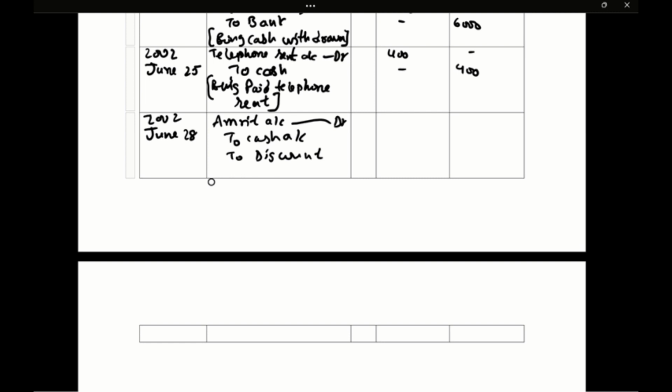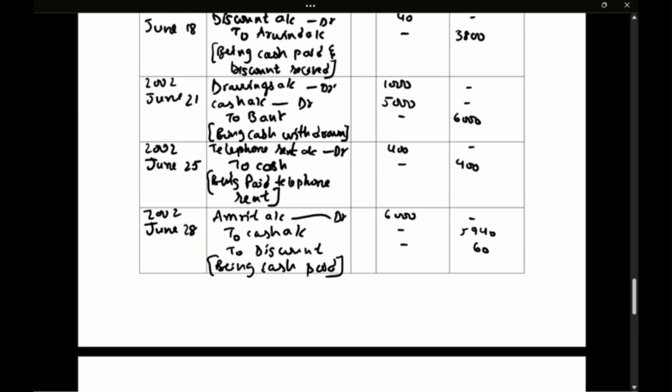So here the amount is 6,000, here 5,940, here 60. So the narration is being cash paid.